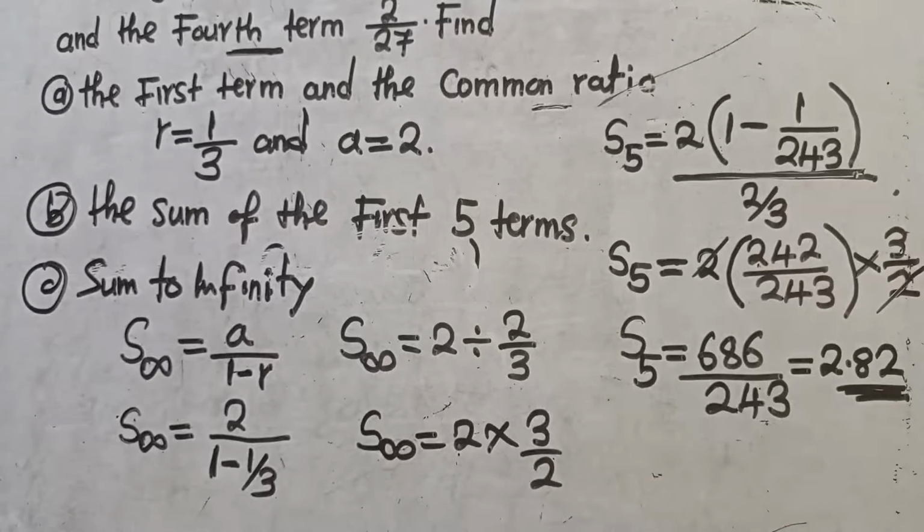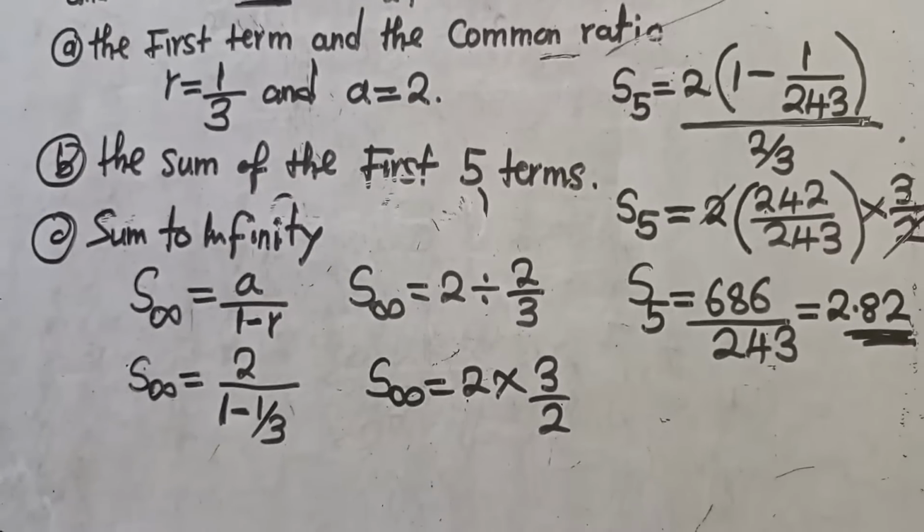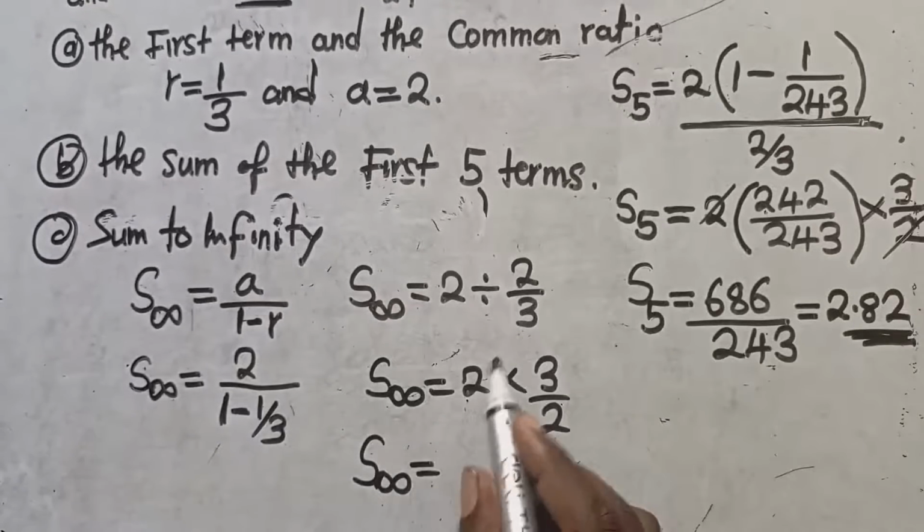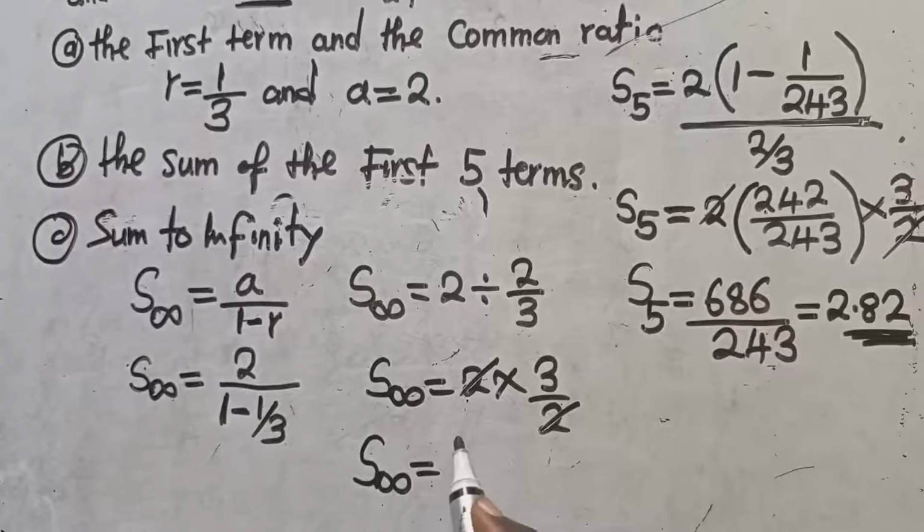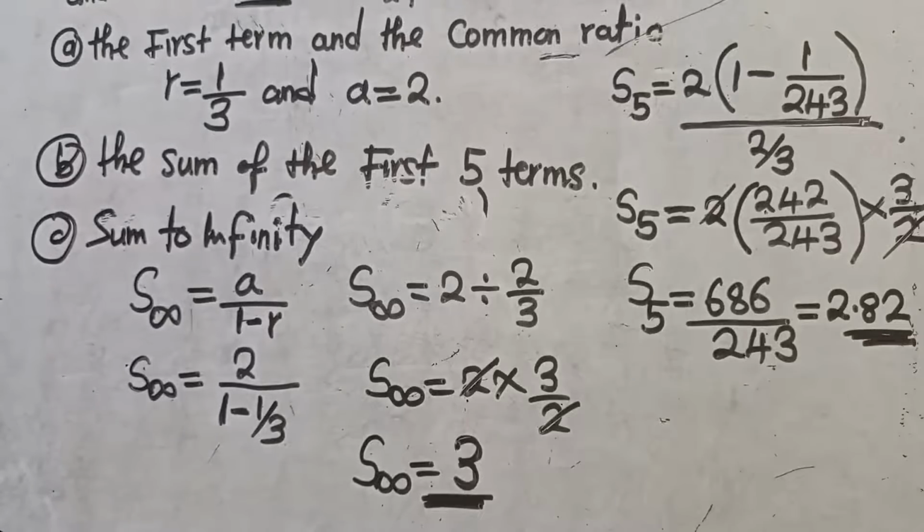Then the 2s cancel out and you are going to remain with a 3. So sum to infinity is equal to 3.